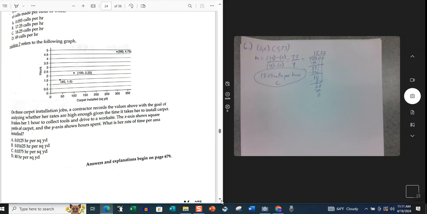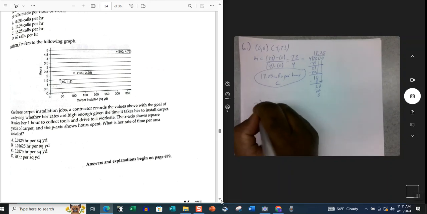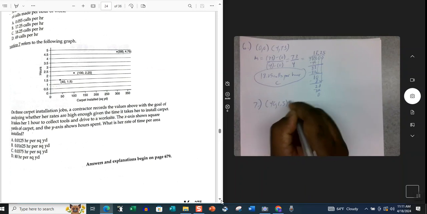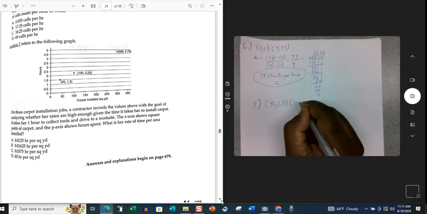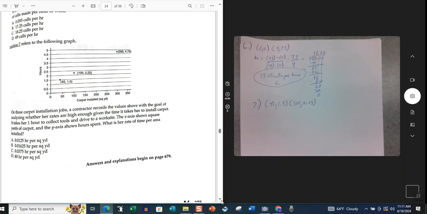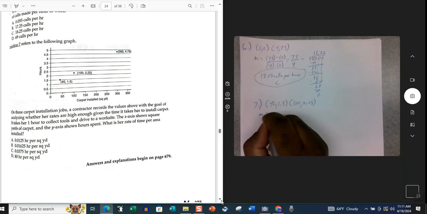So what we have to do, we could take these ordered pairs. So what I would do, I would take the 2 lower numbers, which would be 40, 1.5, and then 100, and 2.25. So now we add a slope.